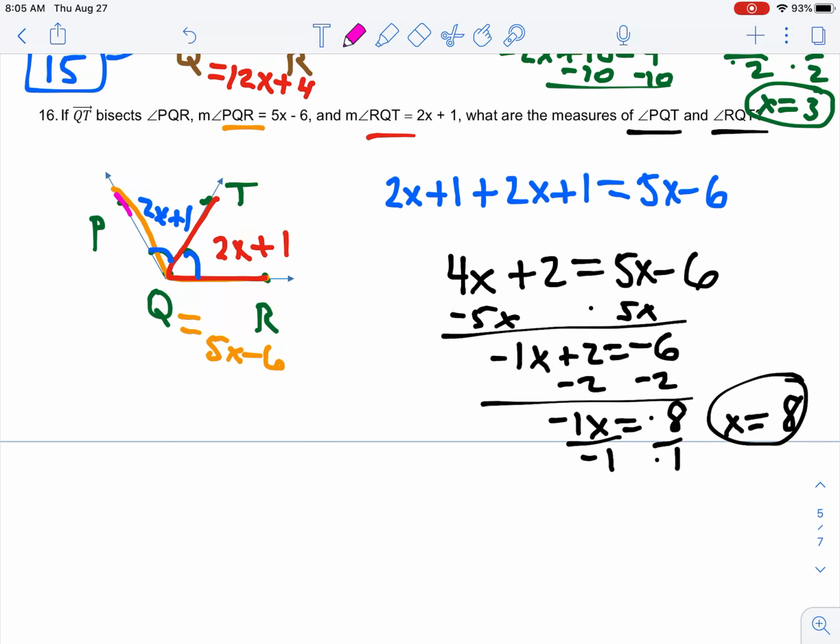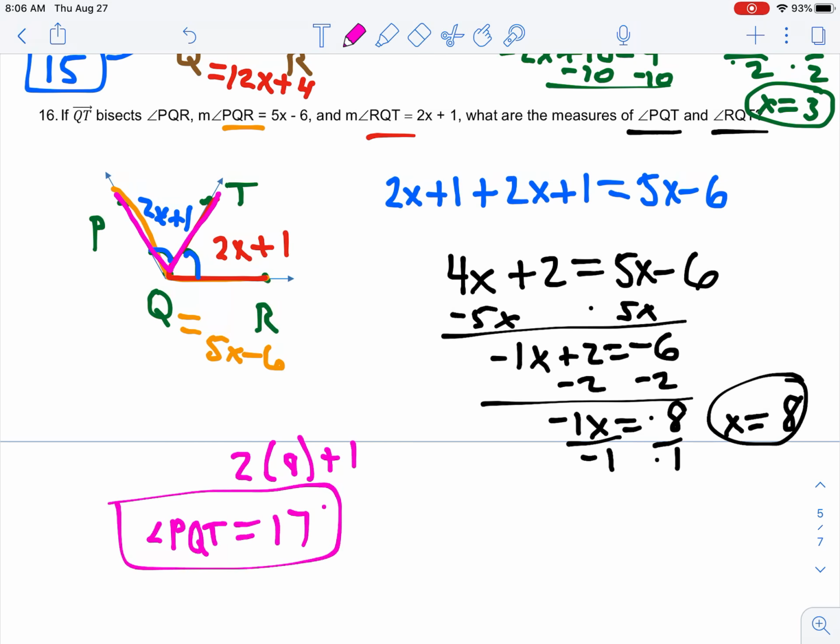So, if I trace PQT, you'll notice it's the equation 2x plus 1. So I'm going to do 2 times 8 plus 1. 16 plus 1 tells me 17, so angle PQT equals 17 degrees.